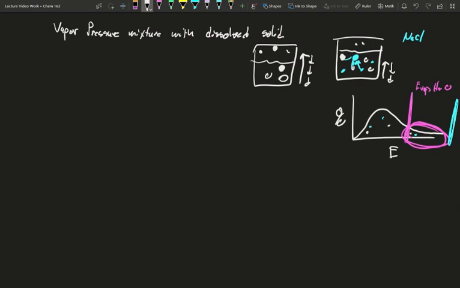How much less? Well, for that, we can say that the pressure of our mixture is going to equal the pure vapor pressure times the mole fraction of the solvent. So X is mole fraction. X equals moles of your chemical over total moles.